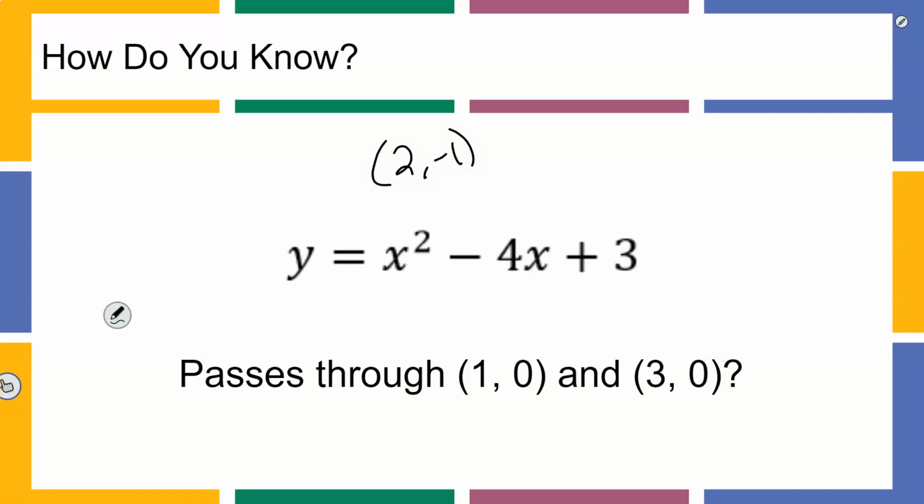And how do you find that? Using the formula negative b divided by 2 times a. So it'd be negative, parentheses, -4 divided by 2 times 1. And then it would be 4 divided by 2, and then x equals 2.